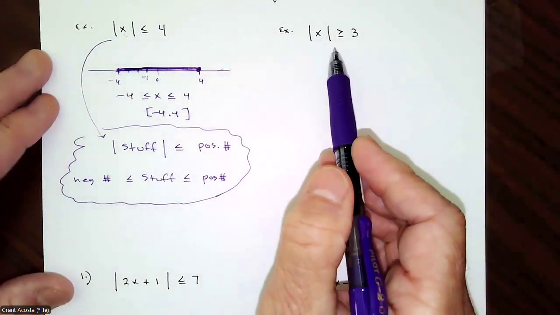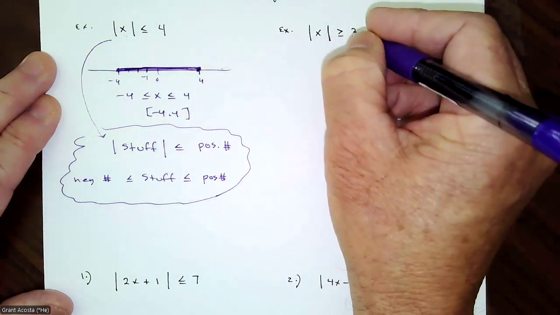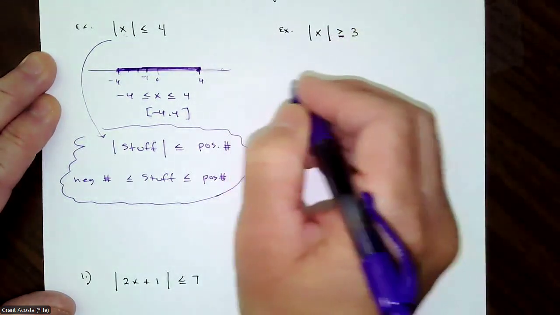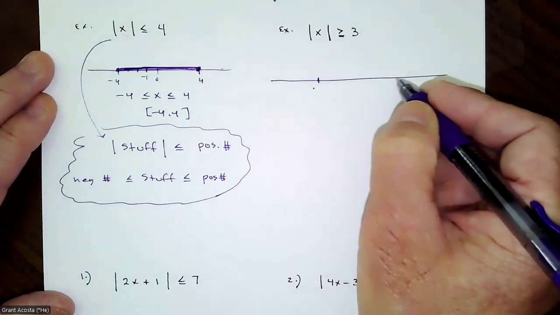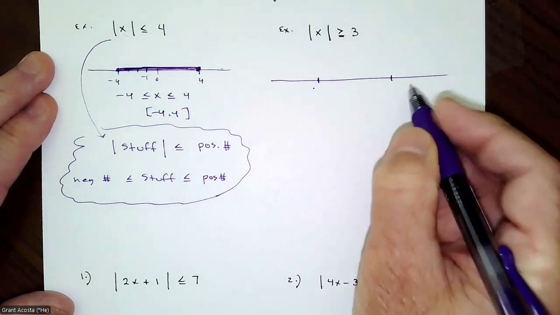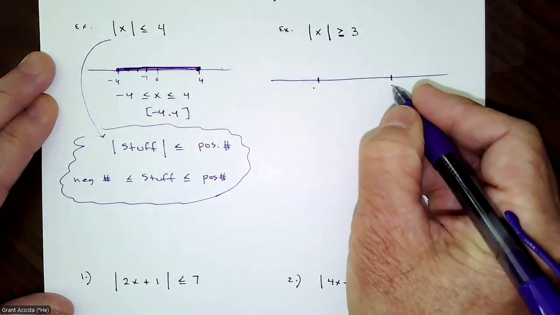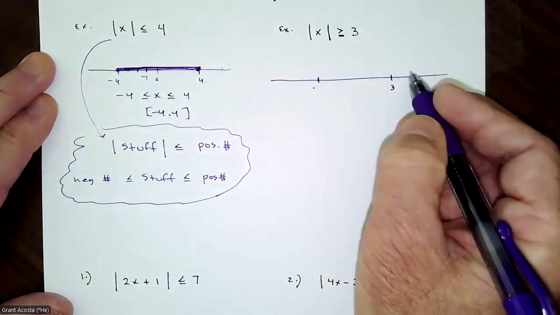Now there's a very different situation when the absolute value of something is greater than a number. In this case, it's greater than or equal to. Let's do the same idea. Let's make a number line and think about numbers that work. Let's start positive. Certainly 3 works, because the absolute value of 3 is greater than or equal to 3. It's equal to 3.